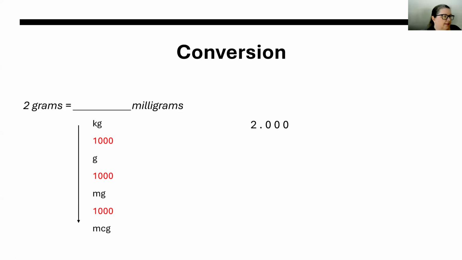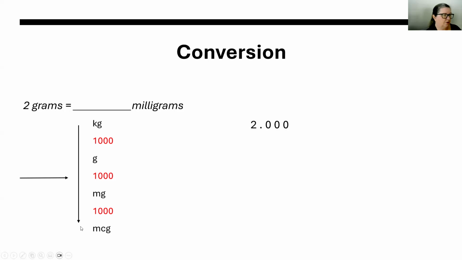Let's go ahead and take a look at our ladder, because we've got our decimal place now. That allows us to move it. But where do we move it? Which way do we move it? And how far do we move it? Here's our ladder. If you are going down the ladder, so from larger to smaller, that means you are going to move your decimal to the right.